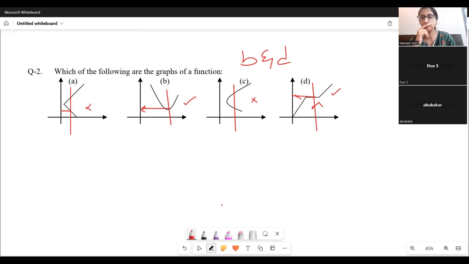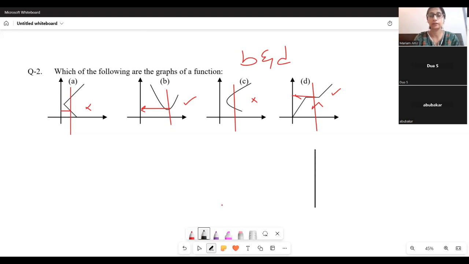Okay. How do you tell if an inverse is possible? Which test? Miss, shouldn't it be B and D? For inverse we do the horizontal line test. Okay? If the horizontal line cuts the graph at only one point, then it's possible to find the inverse of the function.